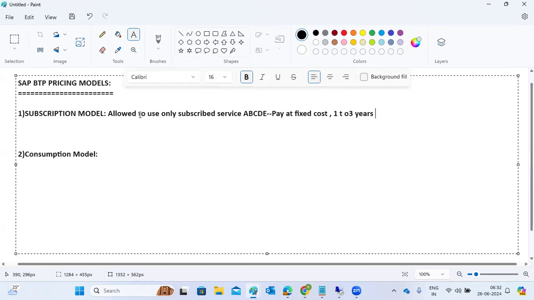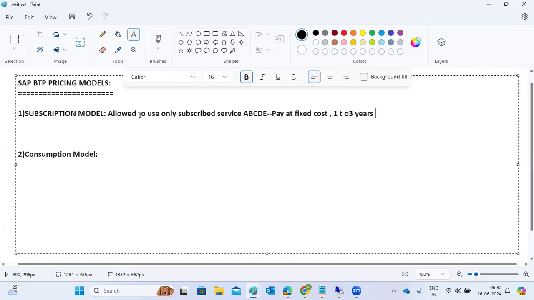You pay. So here, sir, I am using A, B, C, D, E services. I have subscribed to them, but in that I am only using A, B, C, D and not using E. Then why should I pay the service amount here? This is the subscription based model. You use it or not, you have to pay the amount.